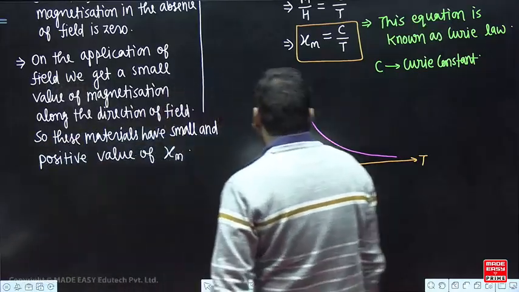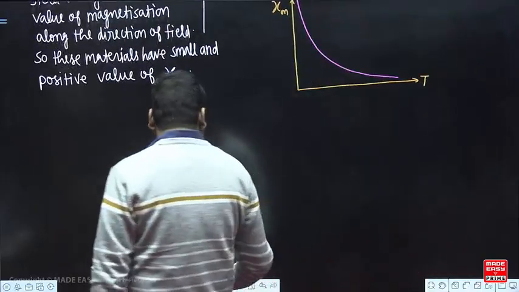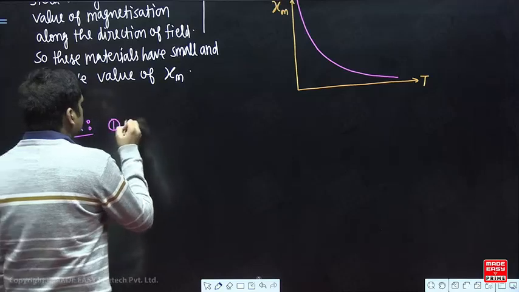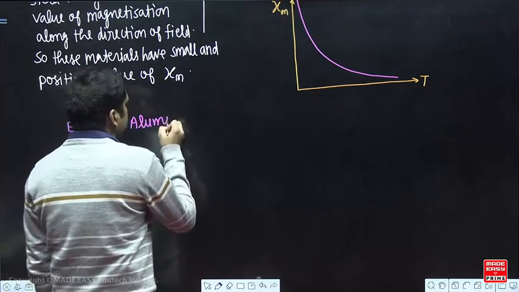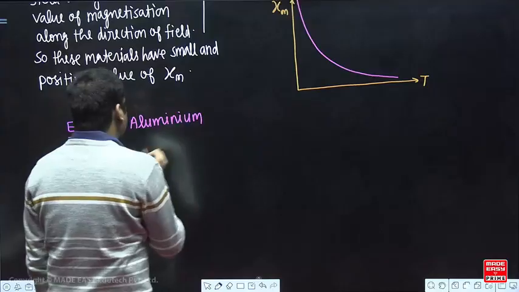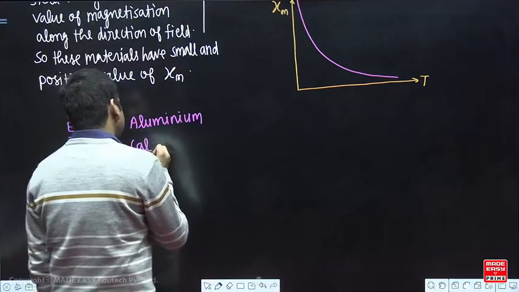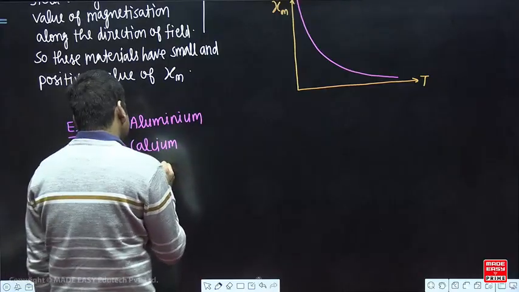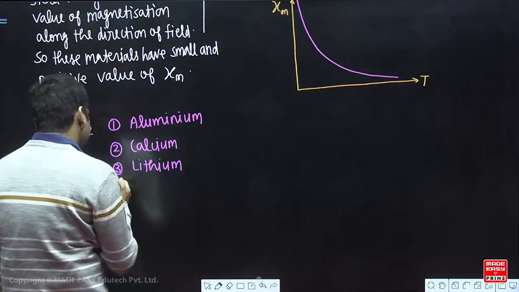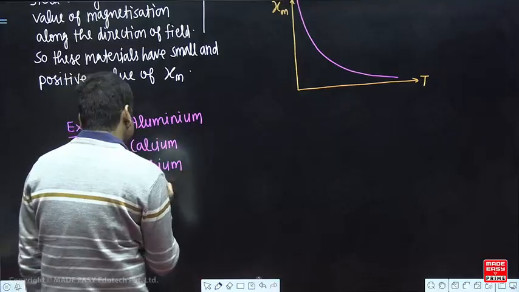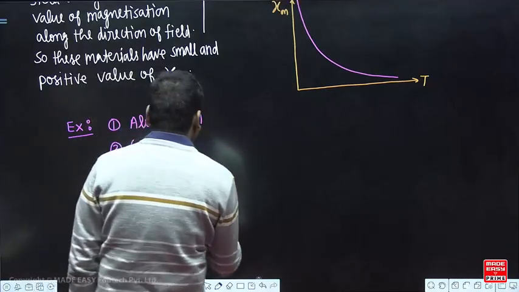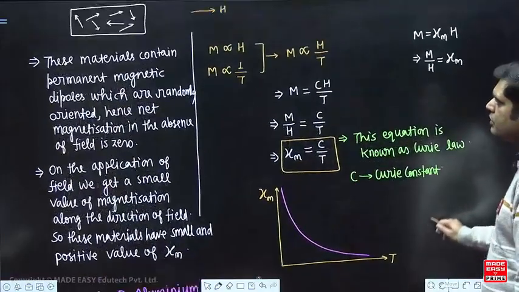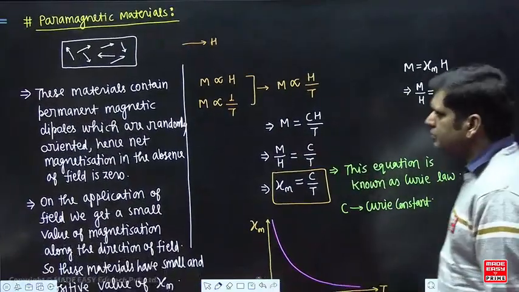Some popular examples of paramagnetic materials are aluminum, calcium, lithium, oxygen, etc. So please note it down. This is all about the paramagnetic material which you should know.